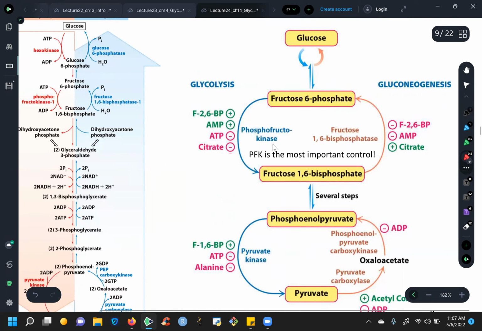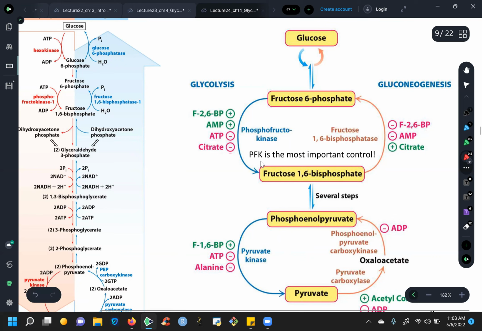Phosphofructokinase is the enzyme for glycolysis, and fructose 1,6-bisphosphatase is the enzyme for gluconeogenesis. Phosphofructokinase adds a phosphate to carbon number 1, but fructose 1,6-bisphosphatase removes that phosphate from carbon number 1.